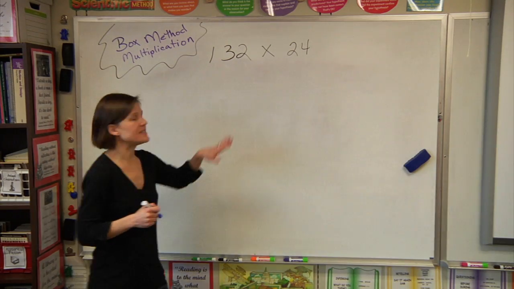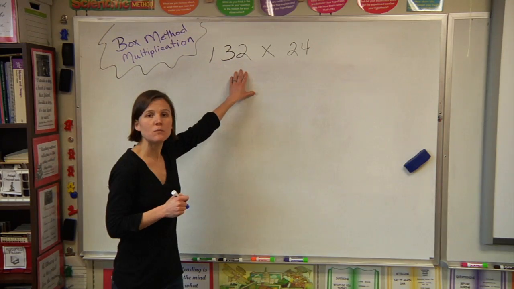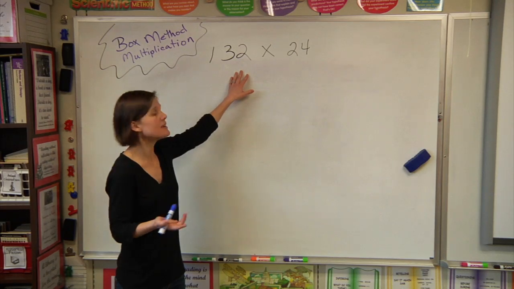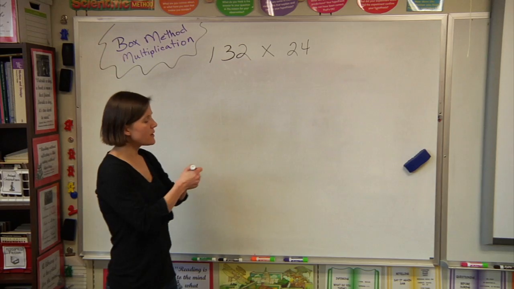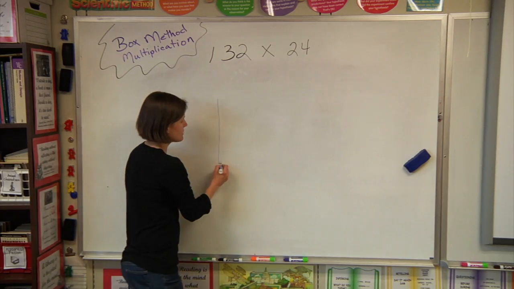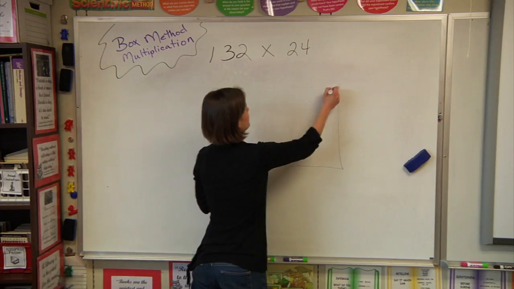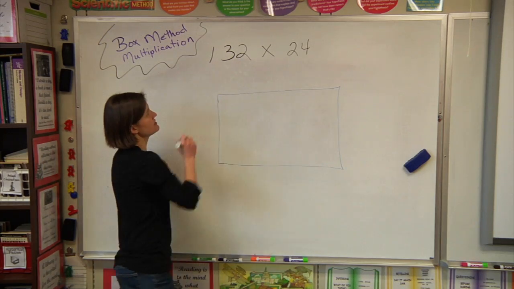So the first thing I do is I take a look at how many digits I'm working with, and that tells me how to draw my boxes. My highest number of digits is 1, 2, 3, so I know I need to draw my box large enough to accommodate 3 digits.